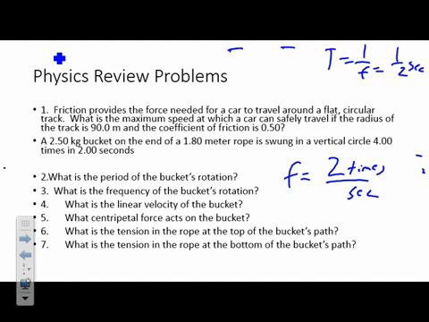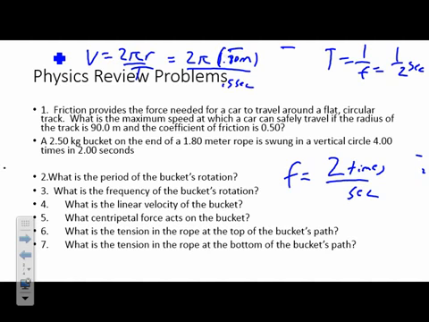To find the linear velocity, the easiest way to do that is to use v equals 2 pi r over T. All right, so because remember that 2 pi r is the circumference, period is the time it takes to do that. So 2 pi times the radius, which in this problem the radius is the length of the string, 1.8 meters, all over the period, which we just calculated to be 1/2 second.